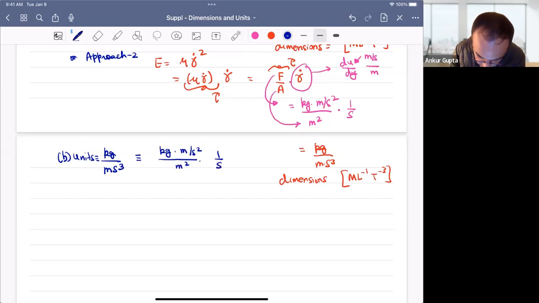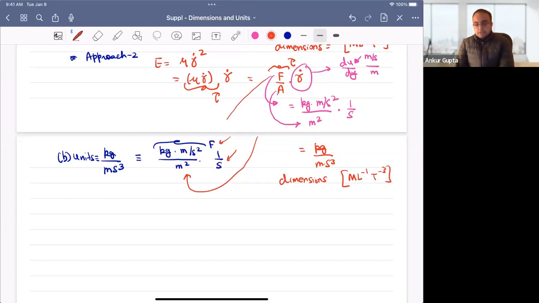So this was my force, this was my area here, and this is my gamma dot, 1 by second here. So this is force per meter square times 1 by second. There is some meaning there, that force per meter square is stress times gamma dot, but overall that doesn't really give any physical meaning.